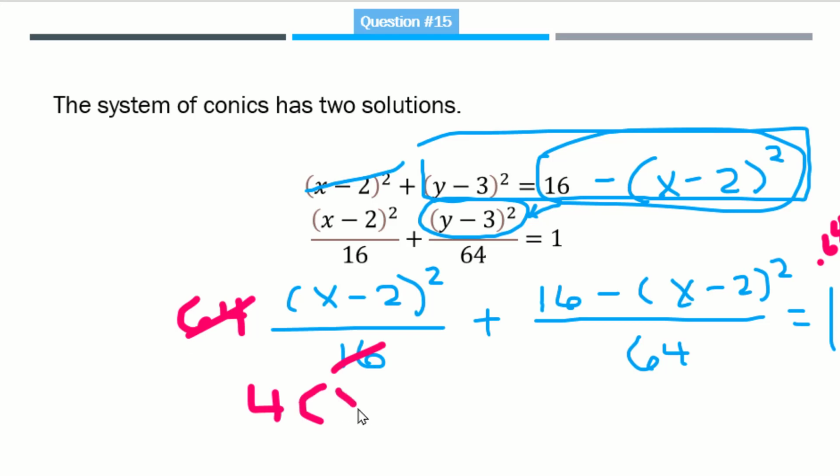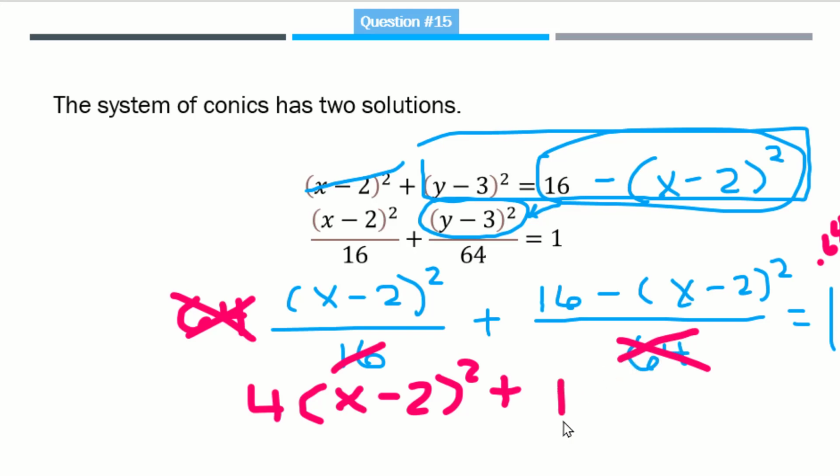So we get rid of that denominator there, and we're left with 4 times x minus 2 squared plus, 64 goes into 64 1 time, so that's gone, and we have 16 minus x minus 2 squared equal, and then 64 times 1 is 64.